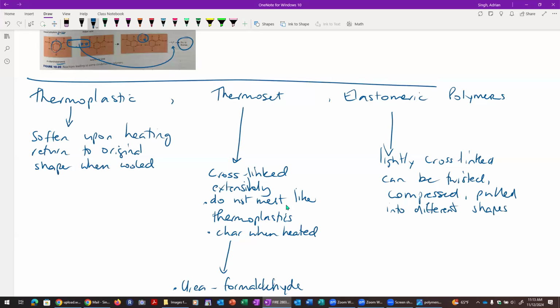Yet they return to their original shape when released.